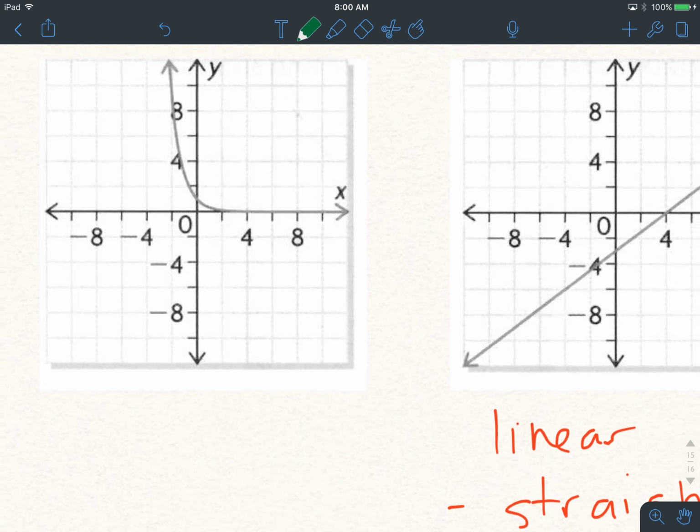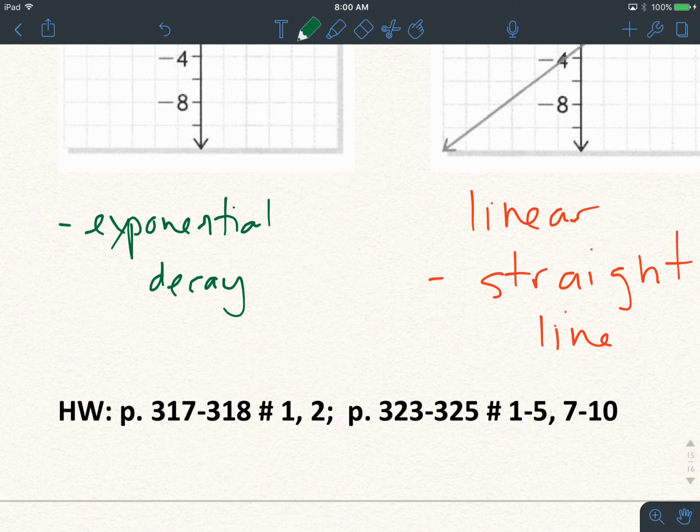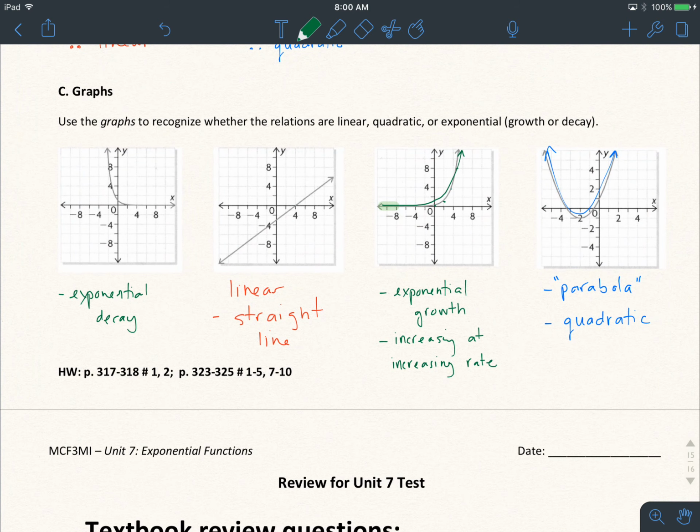And same thing over here, this is just the flip side of it. This is going to be exponential as well, but this one is going to be exponential decay, and it's getting smaller as we look at it from left to right. And same here, it's going to be decreasing at a rate as opposed to a constant amount. So that's the end of our lesson here.